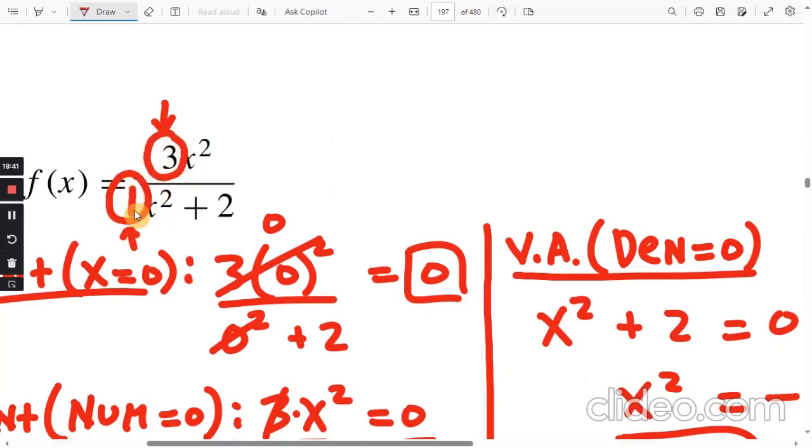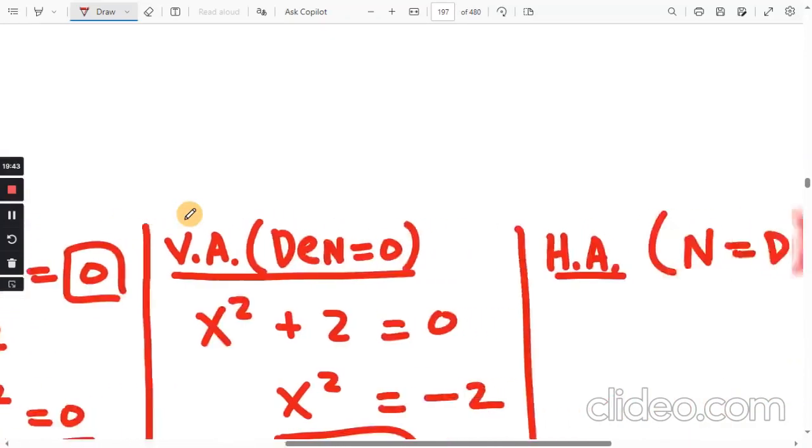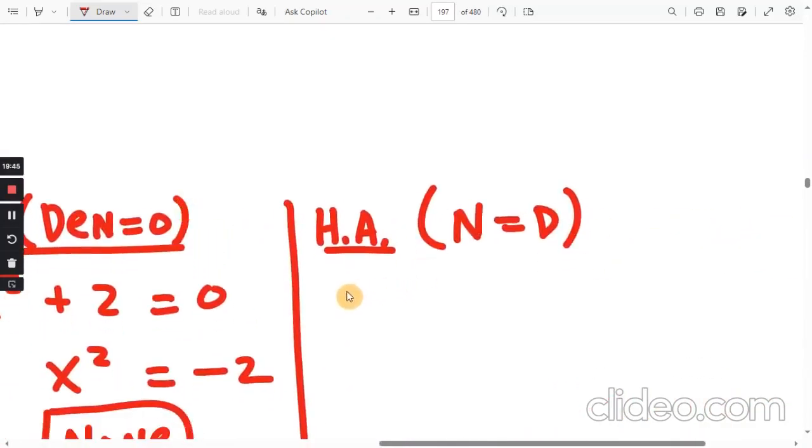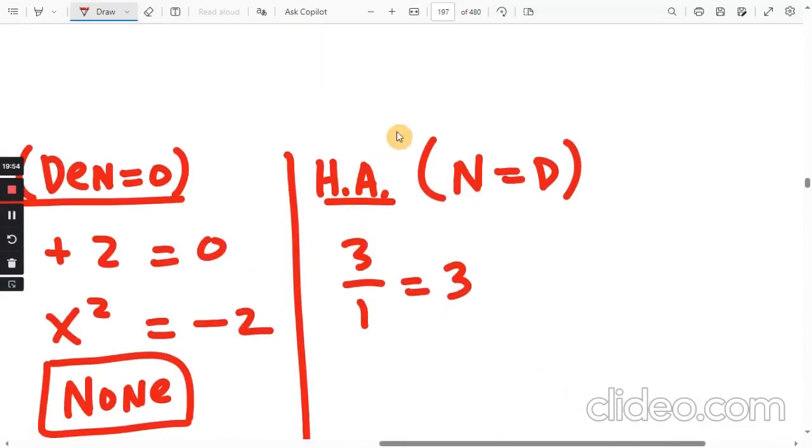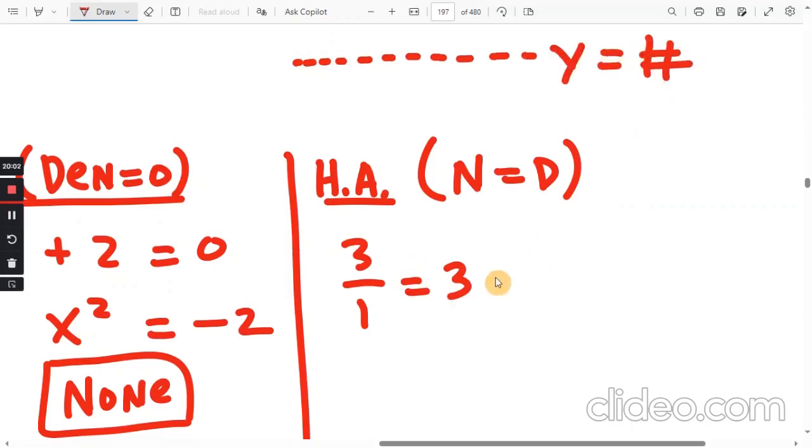It's just going to be 3 over 1. All right, so the horizontal asymptote is 3 over 1, or just 3. Remember, a horizontal asymptote is horizontal. It's going to be y equals some number. So in this case, it's basically y equals 3.